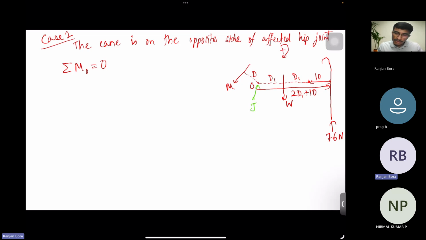So W is producing moment in the clockwise, so W dot D1, and this abductor muscle force M is producing in the anti-clockwise, so it will be minus M dot D. And cane force 76 Newton, you can see it is producing in the anti-clockwise direction about the point O, so it will also be minus 76 dot 2D1 plus 10, equal to 0. So using this, we'll get M because M is only unknown here.